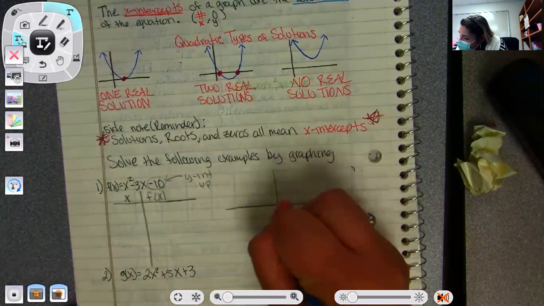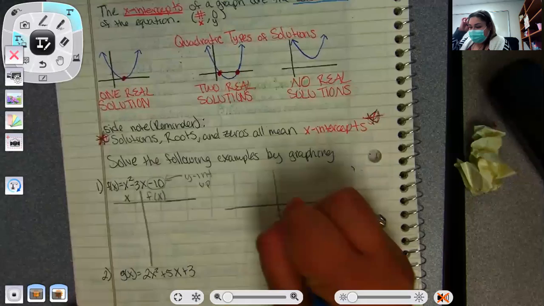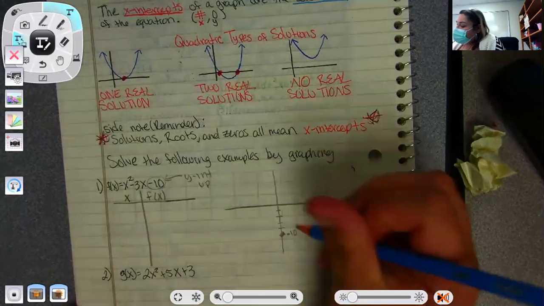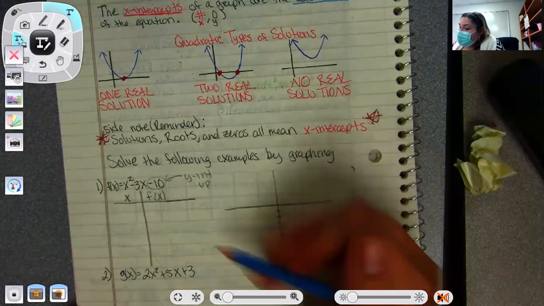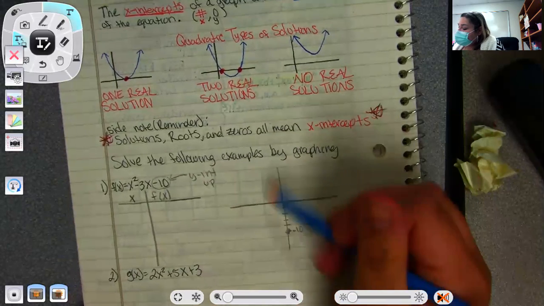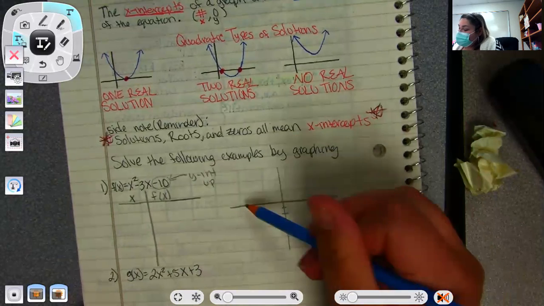Here's -10. This is going to be my y-intercept, and I know it's going to open up, so it's going to look something like this. So we can kind of get an idea of what numbers we should use.